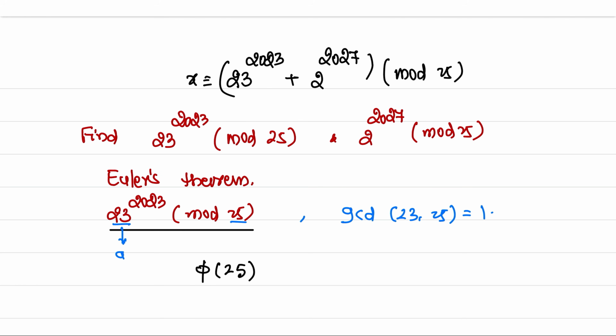We already know, in the previous lecture, for applying Euler's theorem, we have to find out phi of 25.